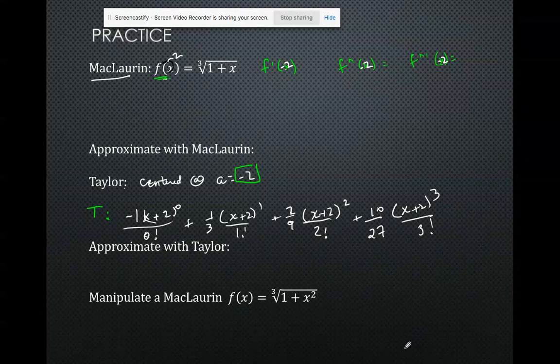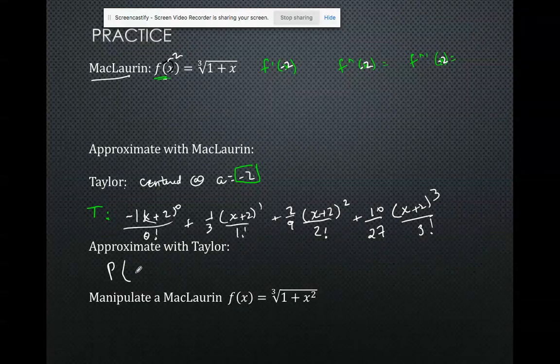All right. Then they asked me to approximate with Taylor. That's the same thing I did before. So I'm going to use my calculator, and I'm going to take that Taylor polynomial, and I'm not going to approximate it at 0.5. I'm going to approximate it at a number close to the center.